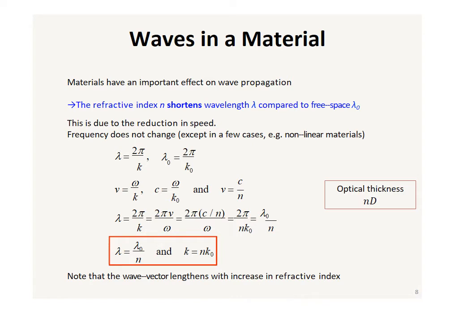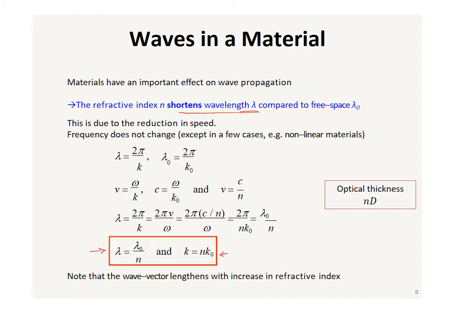At the risk of sounding simplistic, I do wish to remind you that when we have waves traveling in a material that has a refractive index that's not equal to 1, the wavelength is going to be shortened compared to free space because they are slowing down. So we will have a short wavelength and a larger wave number.